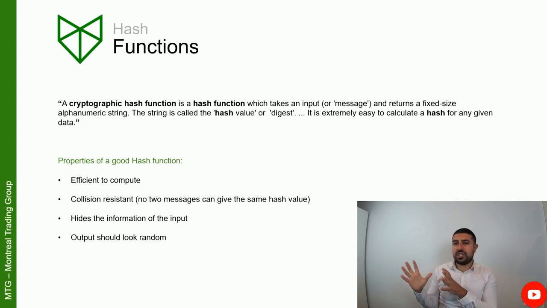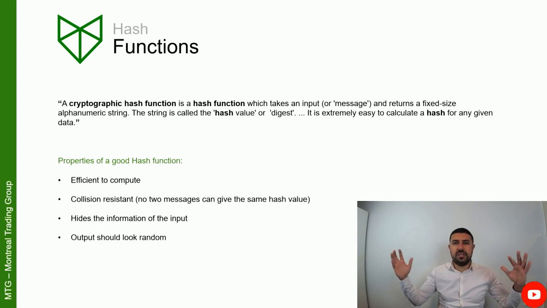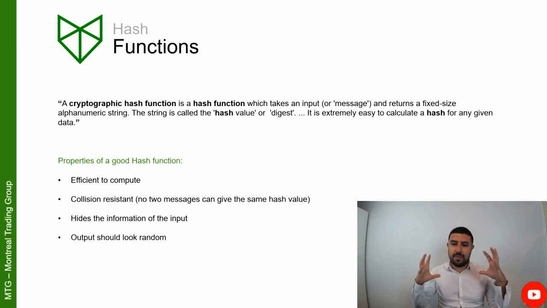Now, hash functions are very easy to compute, meaning it doesn't matter how big your file or message is, it's going to be very easy to compute that hash. Now, good hash functions have several properties. They are efficient to compute, right? So you can give them a big file, a small file, an extremely large file, and it's very quick.